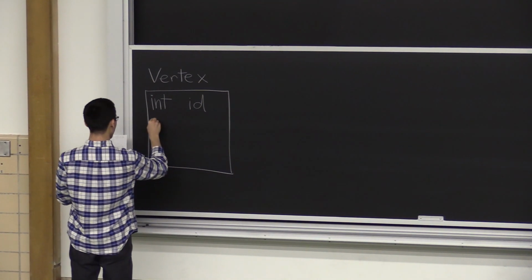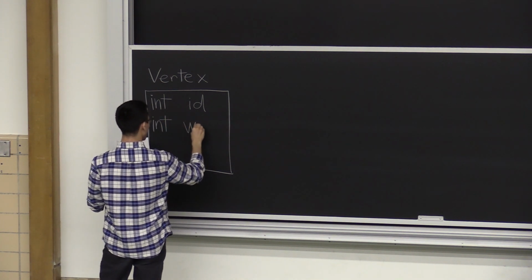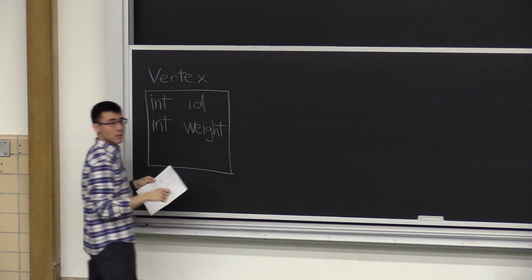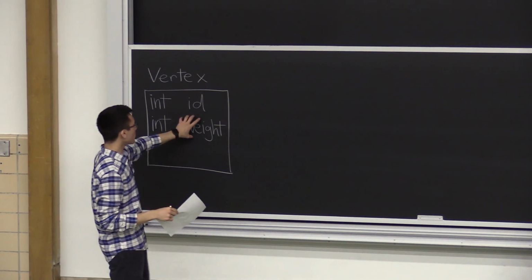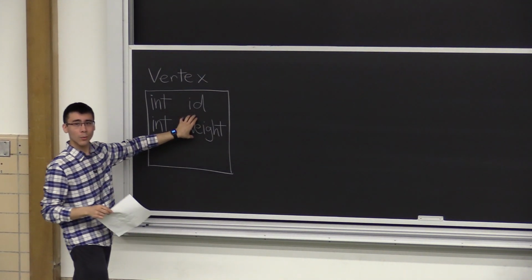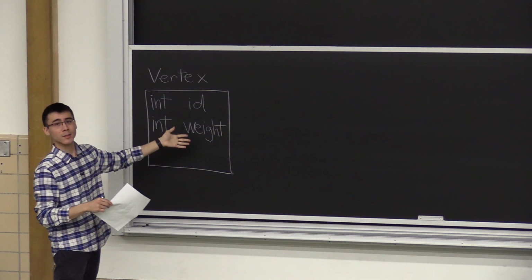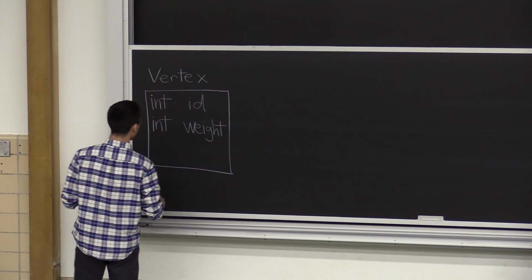We can have a weight. So we're just going to go for a weighted graph. And this weight is going to correspond to the weight going from some other vertex to this vertex. You're going to see what I mean in a second. So there's weight.